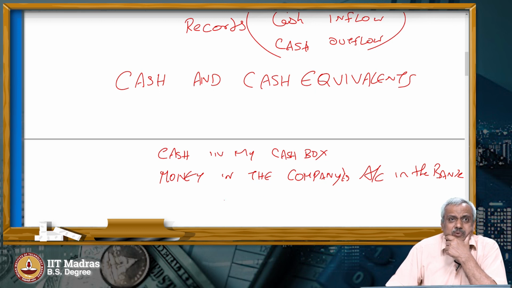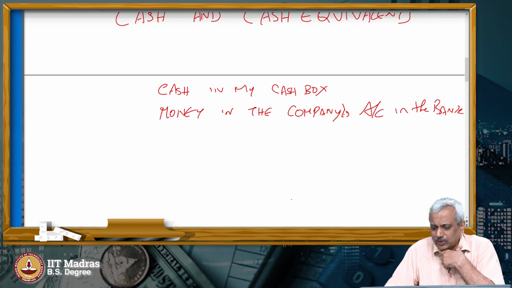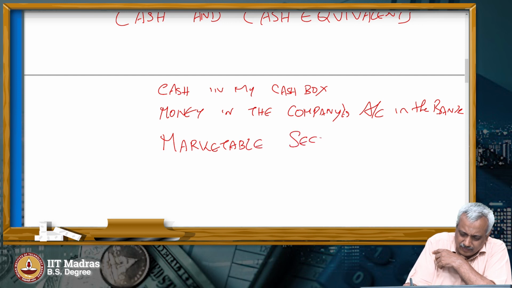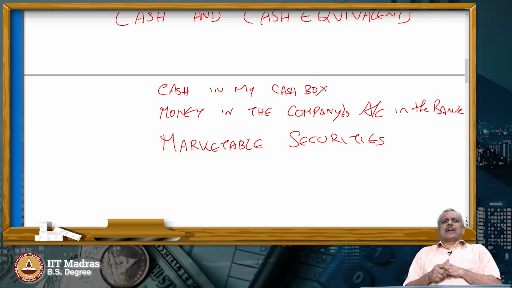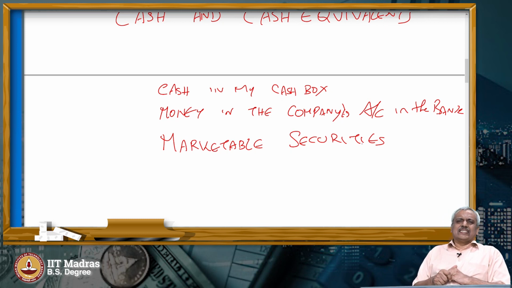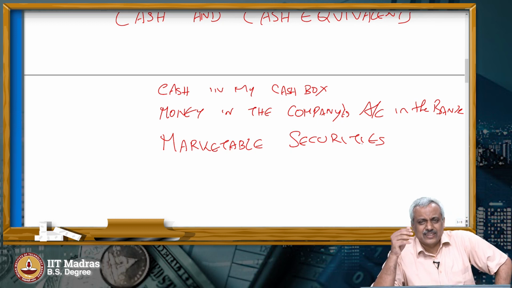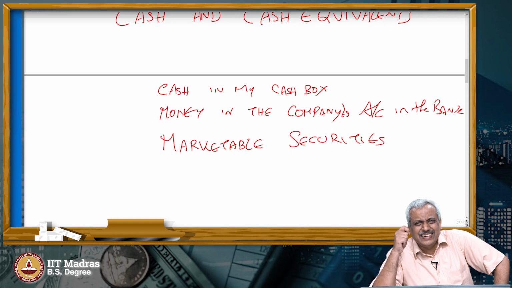Then we also look at marketable securities. Now, what is this marketable security? We call it a liquid financial asset. That is, instead of keeping it in the form of cash, I am keeping it in the form of a security which I can easily convert to cash.